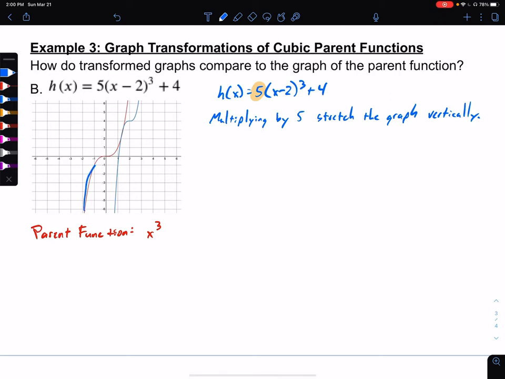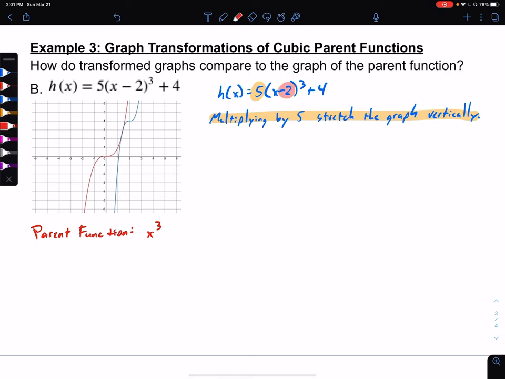If you look at the original, this red one here, you can see that that new bluer one does look like it's been stretched. It's been pulled from the top and the bottom. It's kind of becoming more narrow. So what we're doing is we're stretching. Don't overthink that. That's all there is to it.